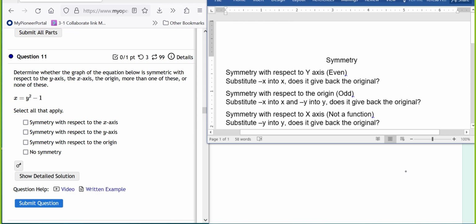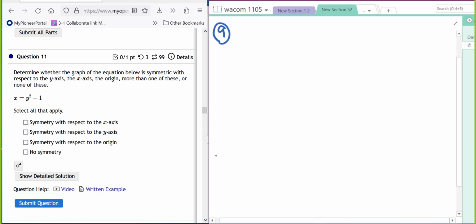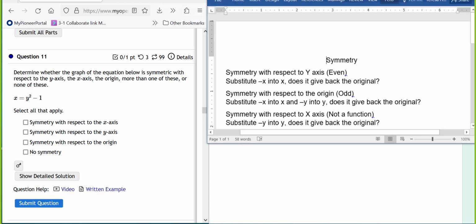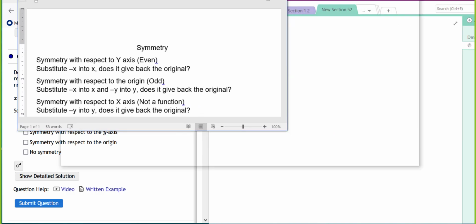All right. So when you're looking for symmetry with respect to the x-axis, and that's the first one they ask us, you plug negative y into y and see if you get back the original. So this first problem, great. For the x-axis, we're going to do negative y into y.